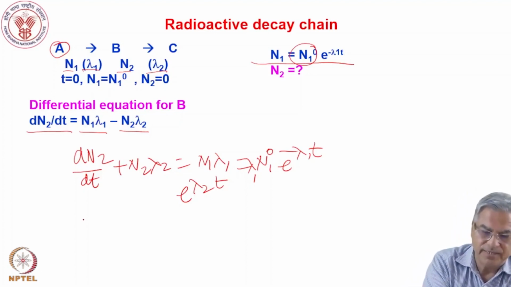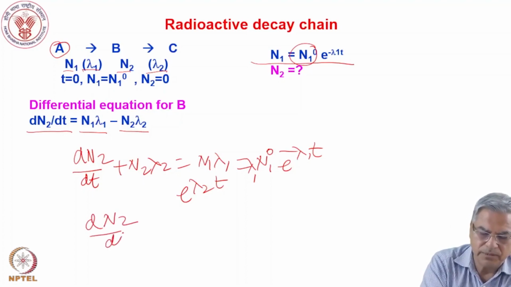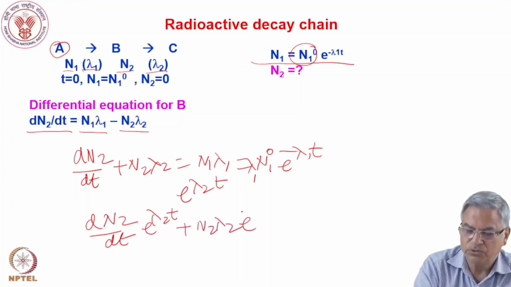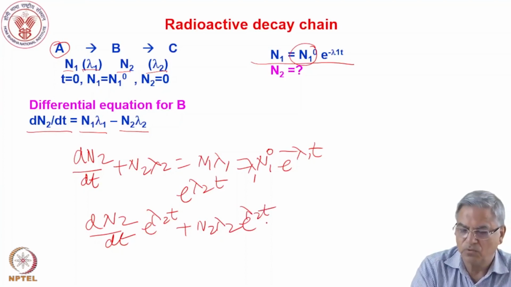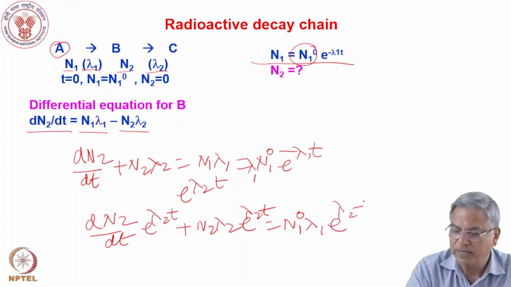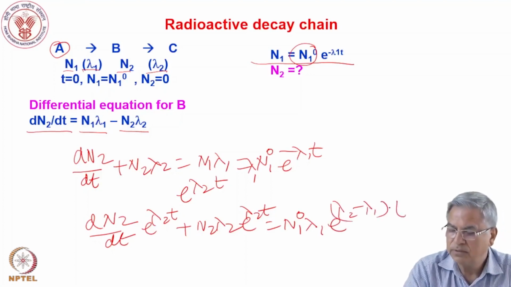So I say dN2 by dt e raised to lambda 2 t plus N2 lambda 2 e raised to lambda 2 t equal to N1 0 lambda 1 e raised to lambda 2 minus lambda 1 times t.